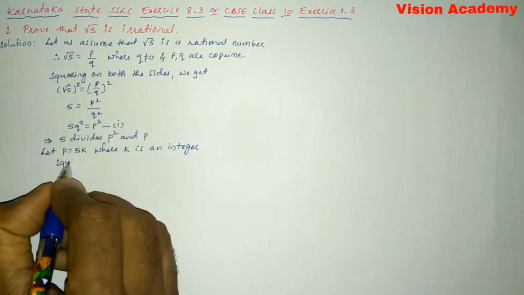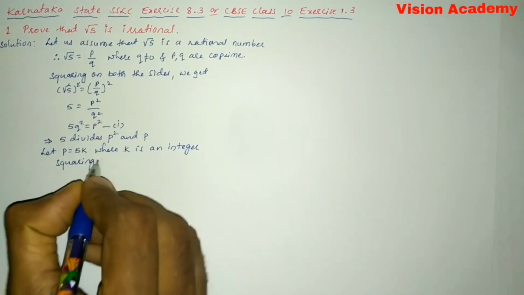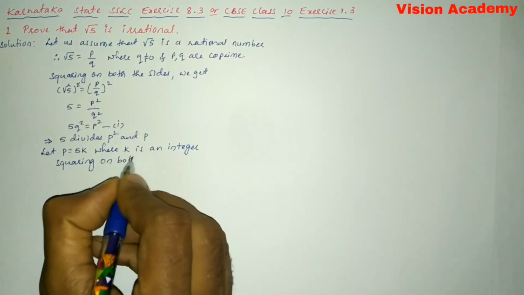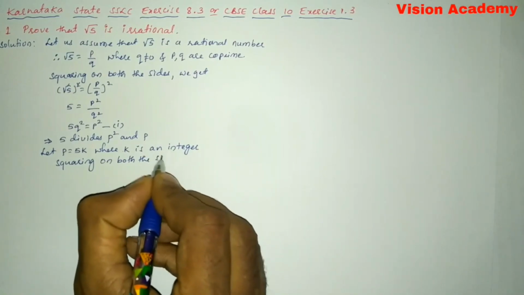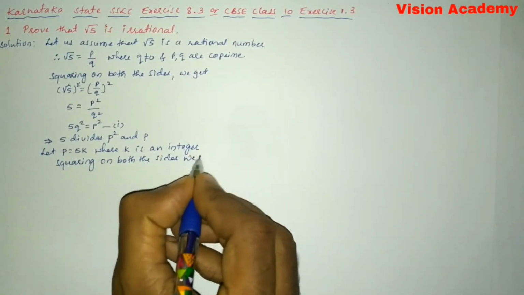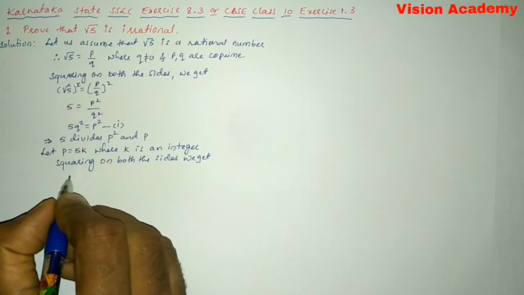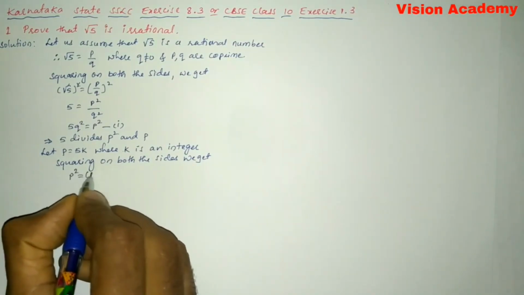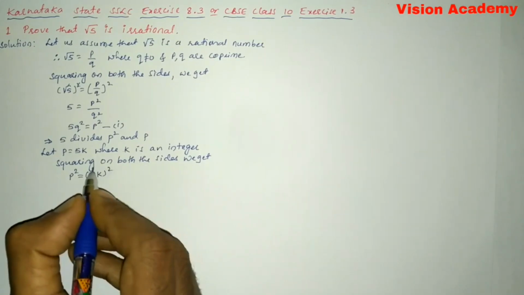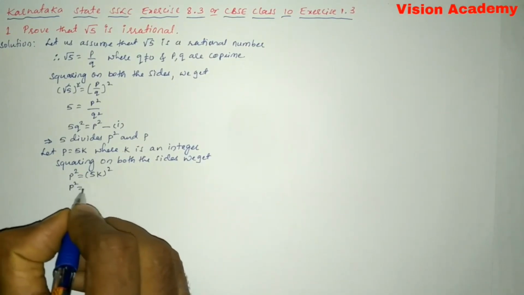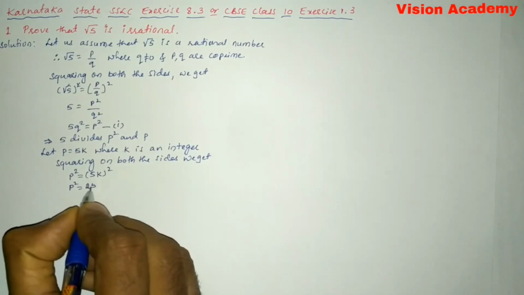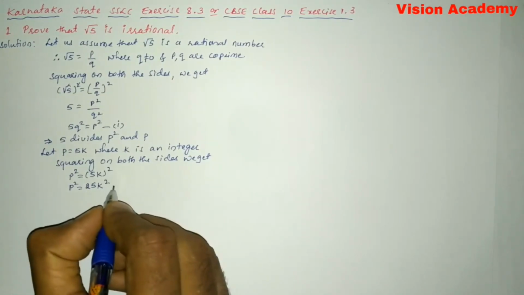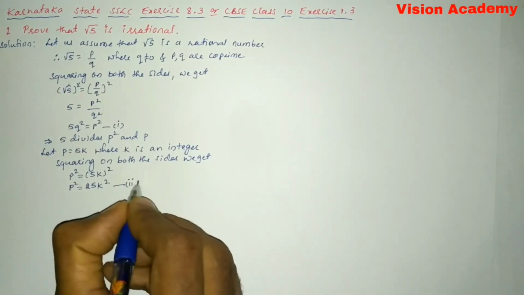Squaring on both the sides, we get p square is equal to 5k whole square. So this gives us p square is equal to 5 5s are 25k square. Let us consider this as equation number 2.